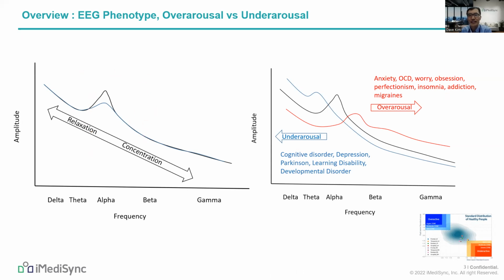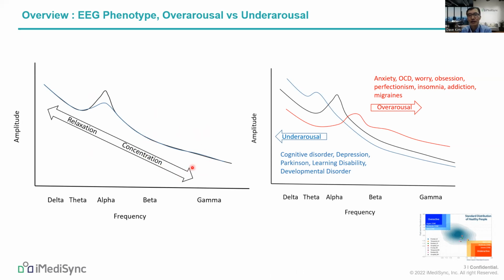The power decrease with frequency is the normal pattern except for the alpha peak. Alpha is basically a resting rhythm, and we can estimate that low frequency below alpha reflects deeper relaxation, and upper frequency above alpha reflects more concentration.